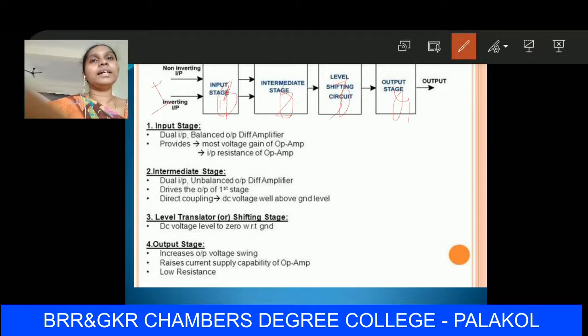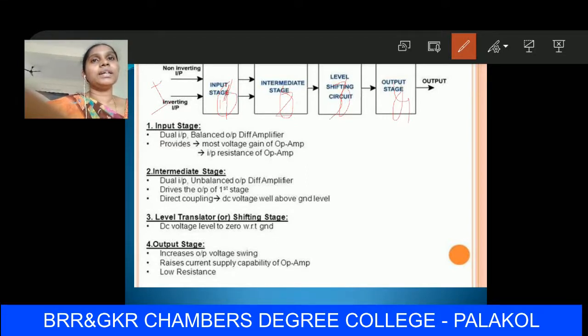Here the dual input balanced output differential amplifier means when we are applying two inputs, that is V1 and V2, this stage will also give two outputs, that is V01 and V02.